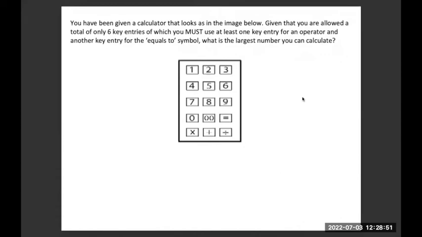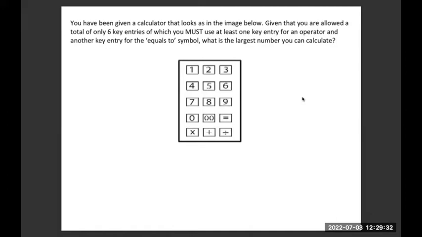So you're given this calculator, and you're allowed a total number of 6 entries, of which you must use at least one key entry for an operator and another key entry for the equal to. What is the largest number that you can calculate? What it says is simple.